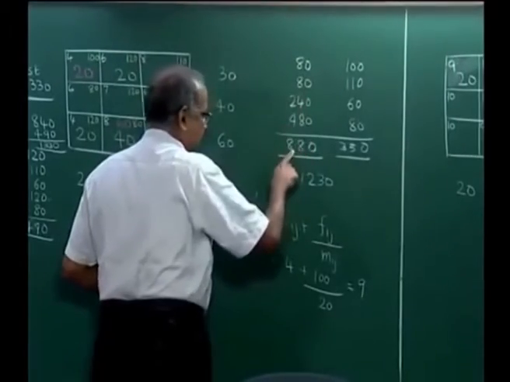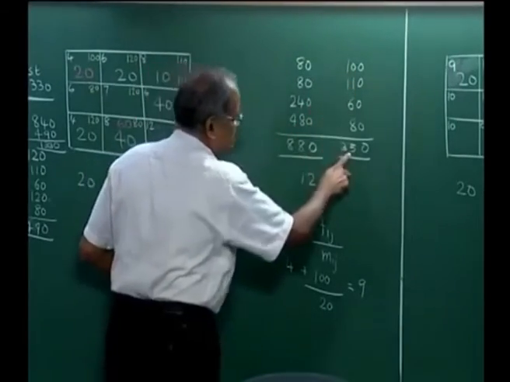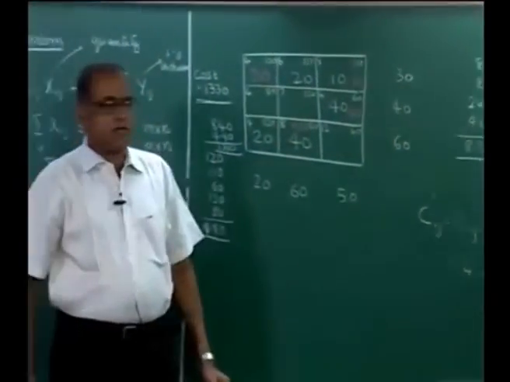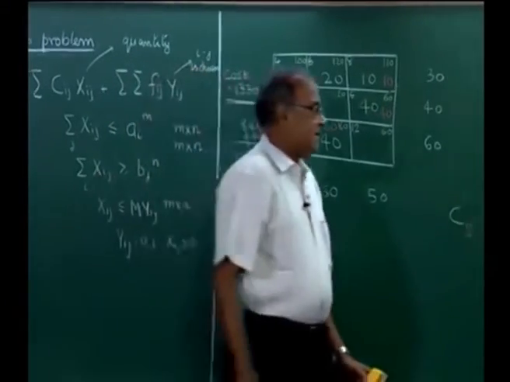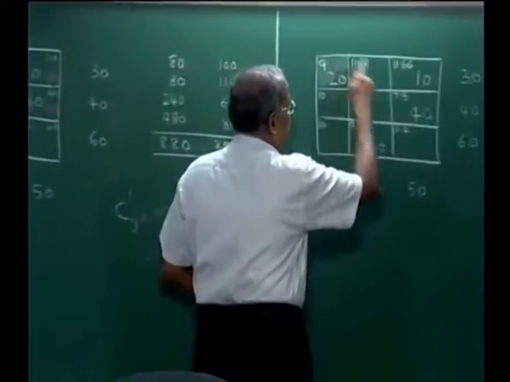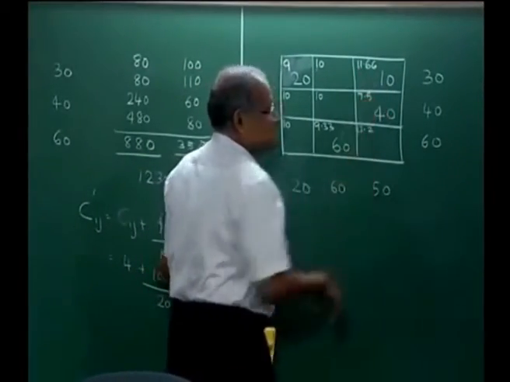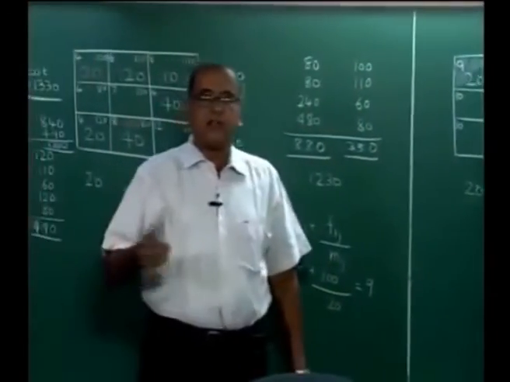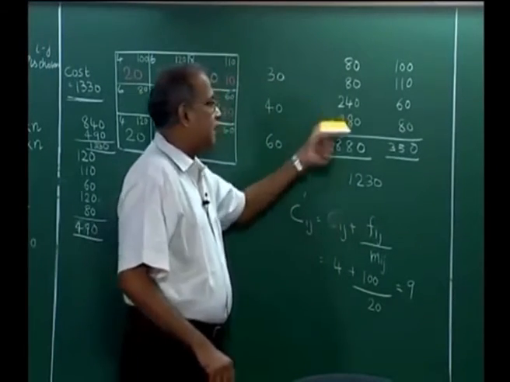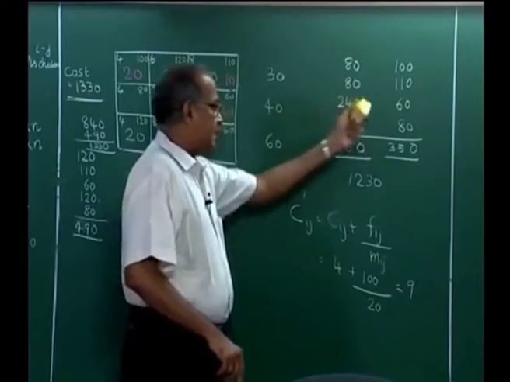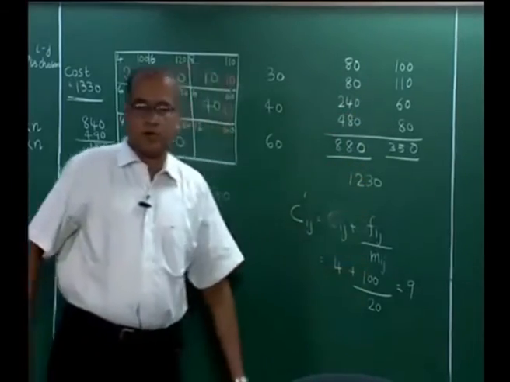Transportation cost will become 880, fixed cost will become 350, and the total will be 1230. If we do 9 into 20 plus 10 into 11.66 and so on, that will be different. So it will not be 1230. We have to do that separately and try and get the cost to the original problem.